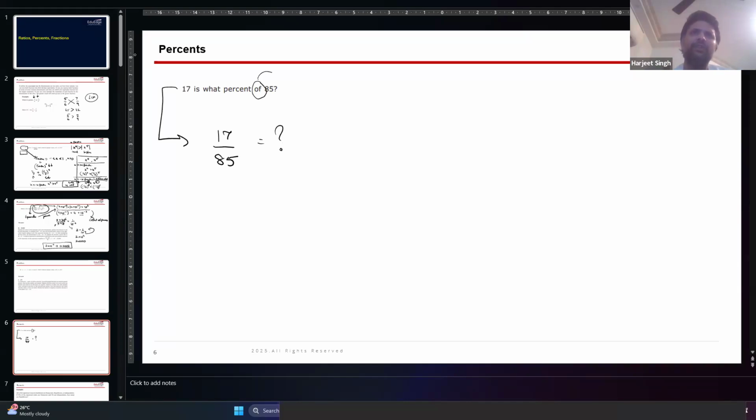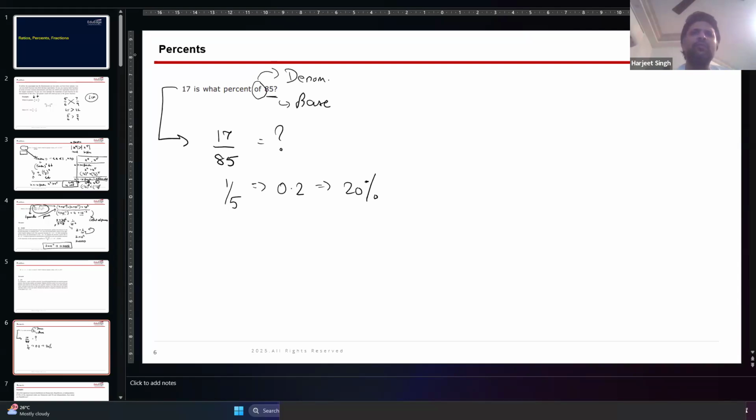Whenever you have the word "of", that means the denominator will follow, which means the next number is the base. So this can be reduced to 1 by 5, and that is 0.2, which in percentage terms is 20%.